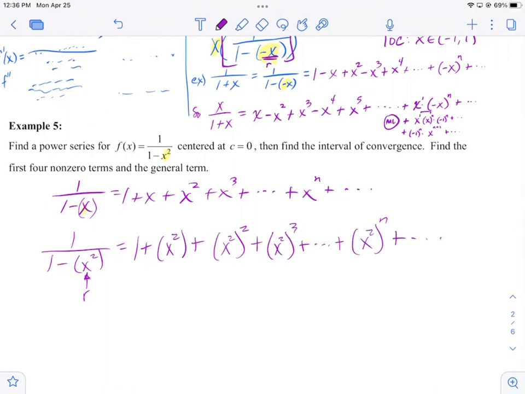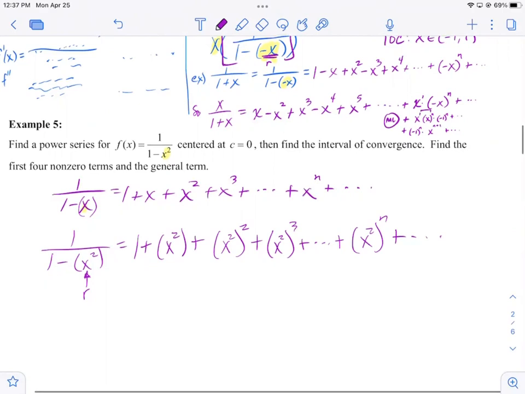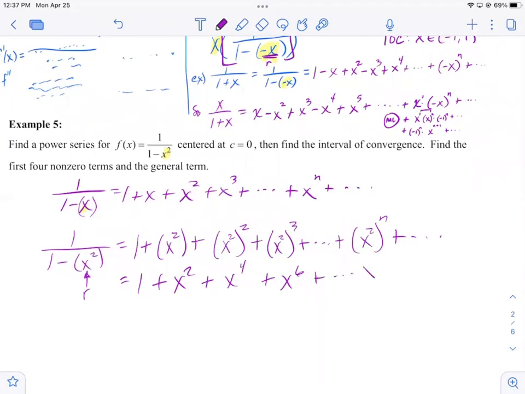We're substituting in now, instead of a negative x like we did on example 3, we're just plugging in an x squared. And that actually kind of answers the question, right? We could simplify it though, and you get 1 plus x squared plus x to the 4th plus x to the 6th plus dot, dot, dot, x to the 2n plus dot, dot, dot.